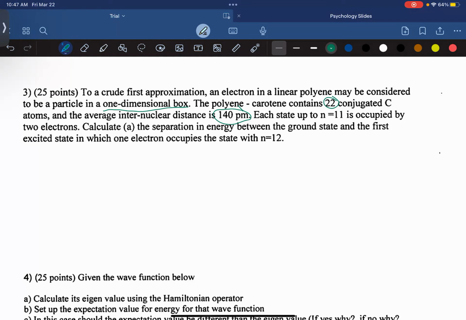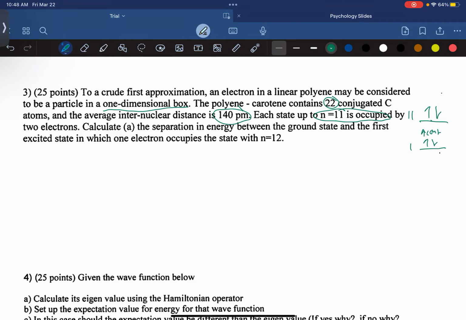Okay, each state up to n=11 is occupied by 2 electrons. Right, so that means that you have like these little diagrams, right? This is 1, or I guess that's 11. This is 1. That means that all of them are occupied up to 11.